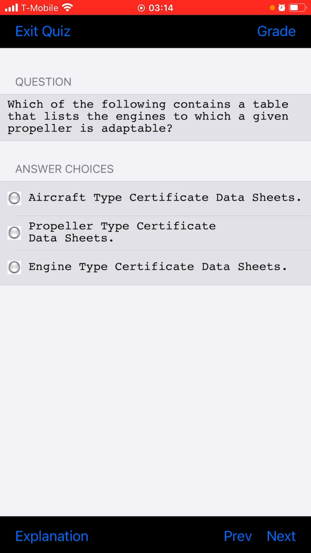A complete break in the line between a manifold pressure gauge and the induction system will be indicated by the gauge registering prevailing atmospheric pressure.